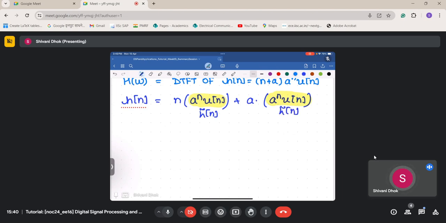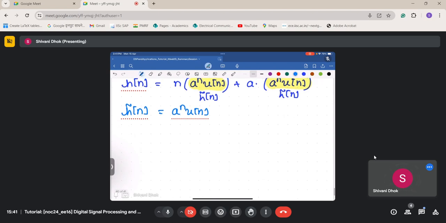So this h tilde of n is a to the power n u of n, and I assume that the magnitude of a is less than 1. So this has a DTFT as H tilde of omega.